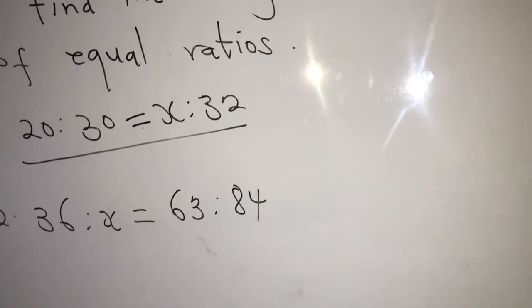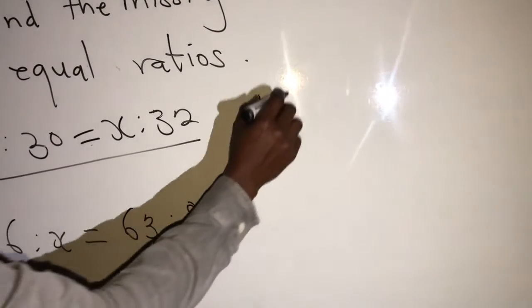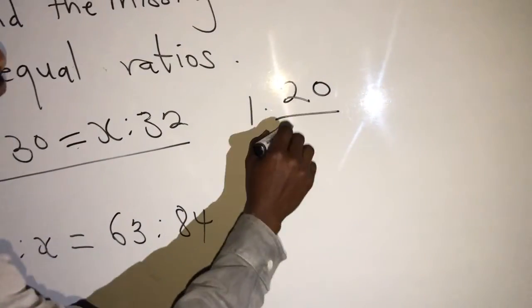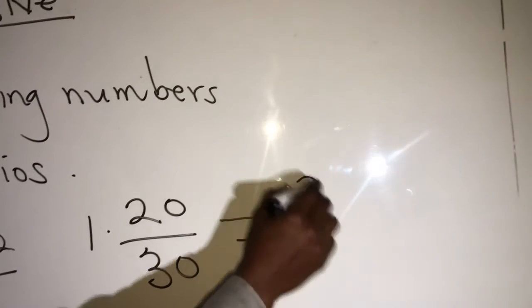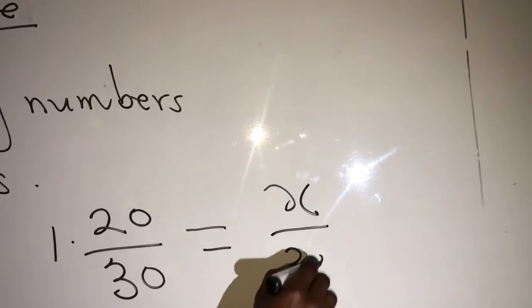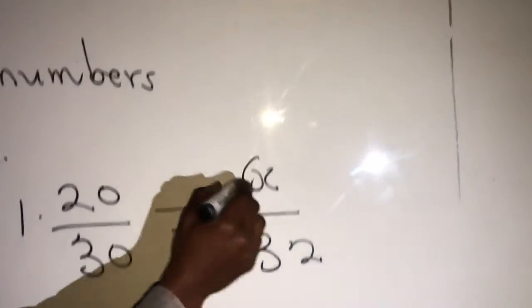Now, how do we arrange this? The first thing is that we arrange it as 20 divided by 30 equals x divided by 32. What are we looking for? We are looking for x.